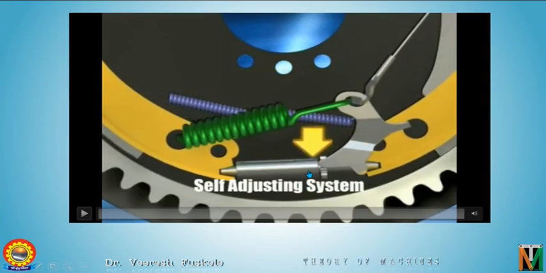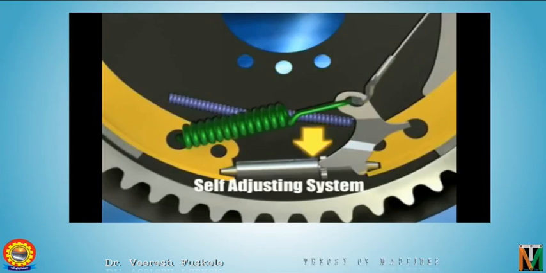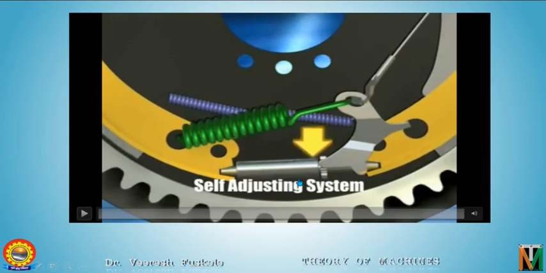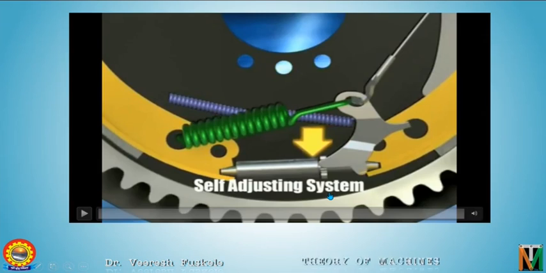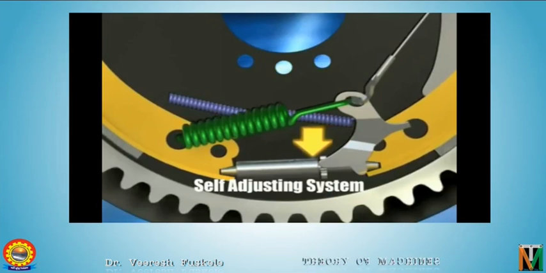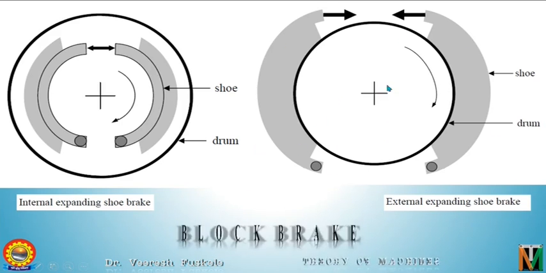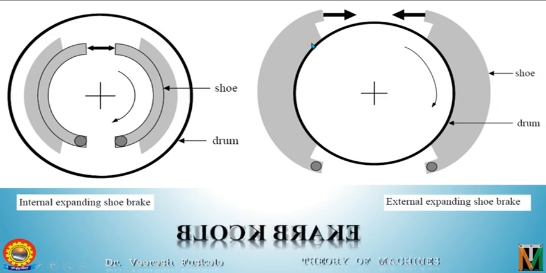As and when the friction lining is worn out, you can adjust it with the help of this screw in the self-adjusting system so it can be used for a longer period. So this is how the internal expanding brake works. This is the external expanding shoe brake. In this, the drum is pressed by the two shoes from the outer periphery.